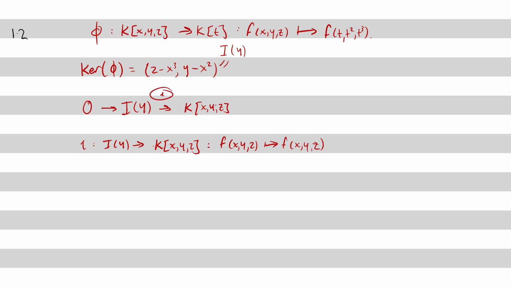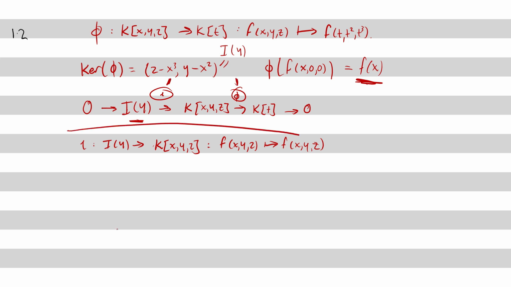This is very obviously injective, so it's exact here. Now let's do this again: k[t] into 0. This is surjective because f(x, 0, 0) equals f(x) for any function, and the kernel of this is the image of this.